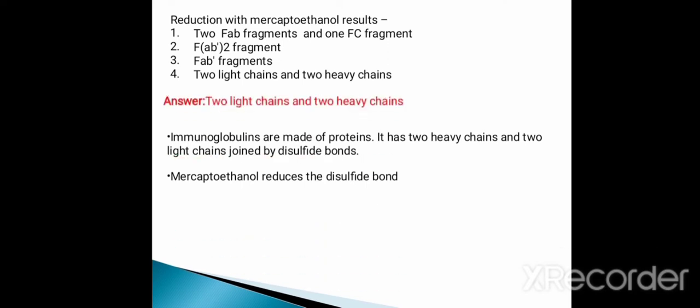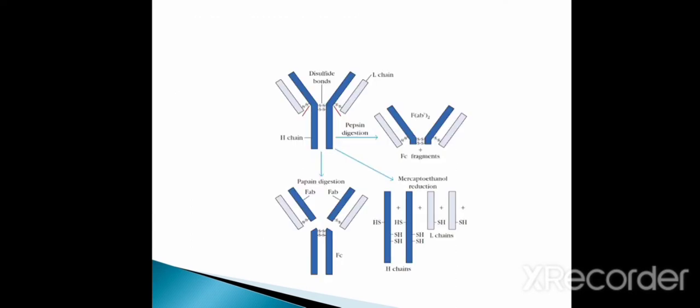As a result, it produces 2 light chains and 2 heavy chains. How it cleaves this molecule is shown here: the disulfide bond is reduced by mercaptoethanol and it produces 2 light chains and 2 heavy chains.